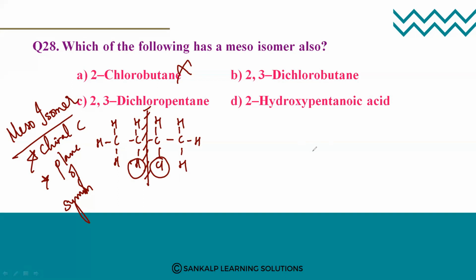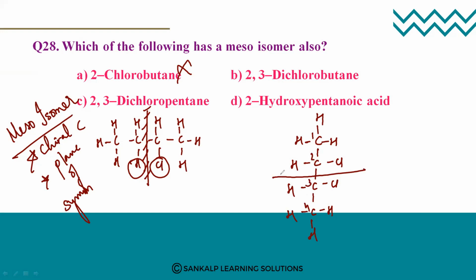2,3-dichlorobutane. How is it? 2,3-butane, so it will be C, 2,3-dichloro. So here also one will come, then 2, 3, here also one will come, and here CH, H, H. So this is one carbon, second, third, and fourth.